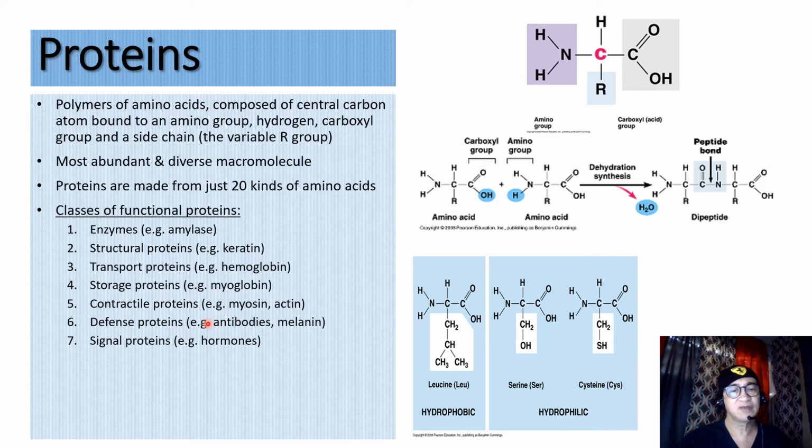And you have contractile proteins in the muscle cells, myosin and actin. Then you have defense proteins such as antibodies, melanin for pigments, and even the toxins or venom of snakes. These are composed of defense proteins. And then finally, some proteins serve as signal proteins, like many of the hormones that we have in the animal body.